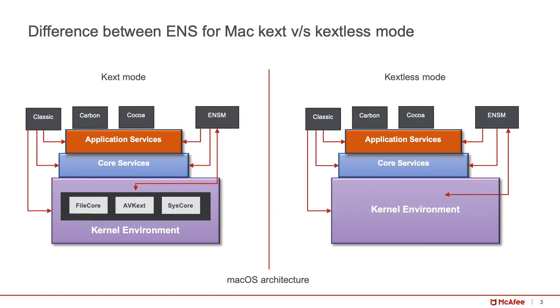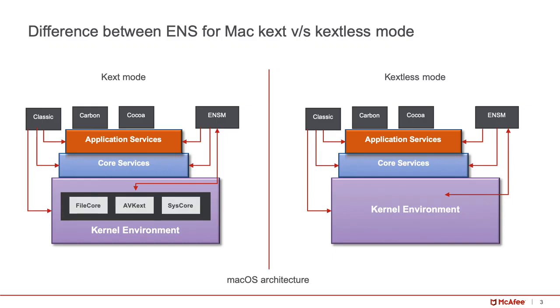Whereas in the kernel-less or kextless mode, ENS for Mac does not load any of these three kernel extensions on the kernel memory. However, ENS for Mac communicates with the operating system to monitor all file events on the macOS operating system.